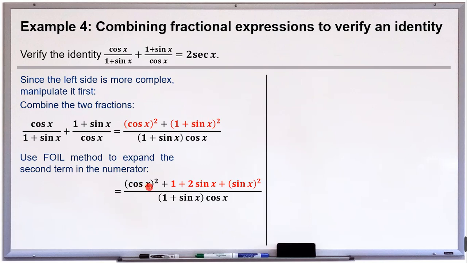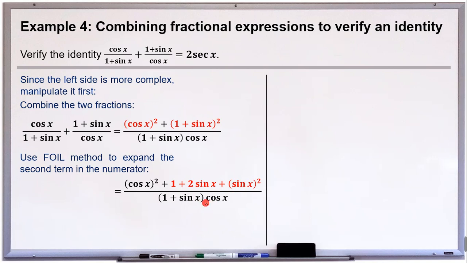Next, expand this binomial expression in the numerator by using the FOIL method. So you have cosine x squared plus, square the first, that's 1, then multiply the two terms, that's 1 times sine x, that's sine x, then multiplied by the exponent, so we have here 2 sine x, and then square the last, so you have sine x squared, all over 1 plus sine x times cosine x.